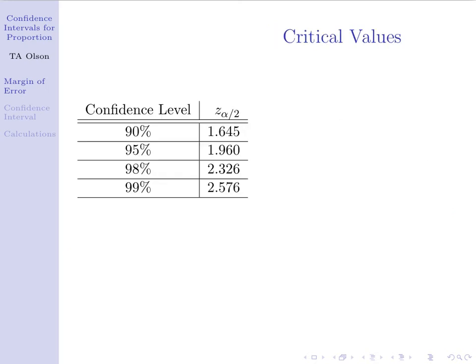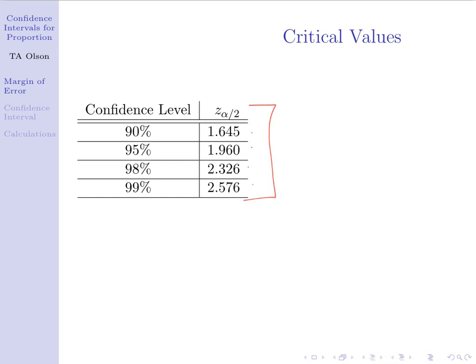All right, so our confidence levels, these are the exact same things as we had last time. 90%, we have our critical value of 1.645, 95% is 1.960, 98% is 2.326, 99% is 2.576.